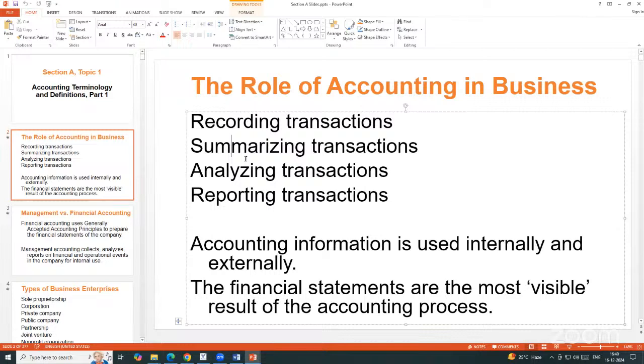Analyzing transactions means what funds we are allocating, whether most of the funds are going to purchase items or to sell items. And reporting the transactions means informing the decisions the company is taking, and the things happening inside the company, to the stakeholders like government, creditors, and shareholders.